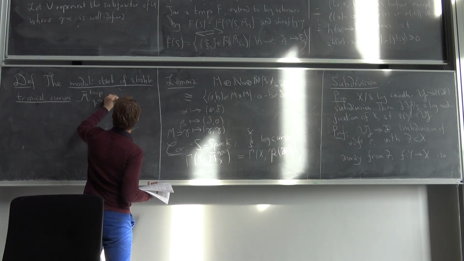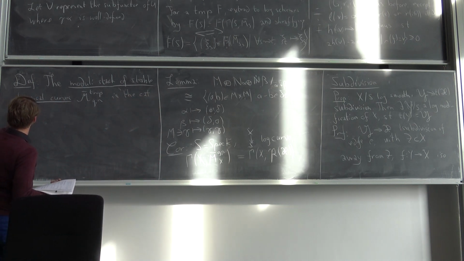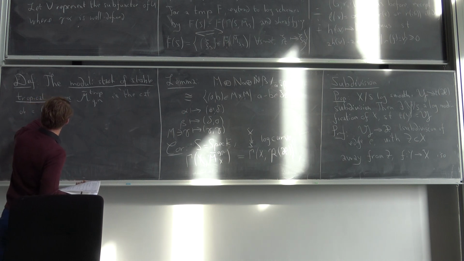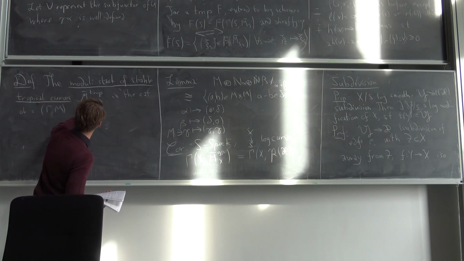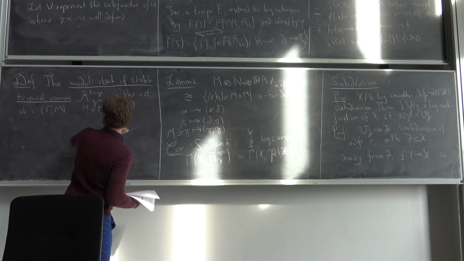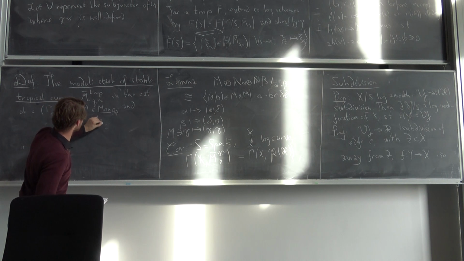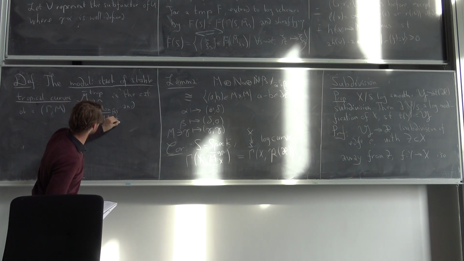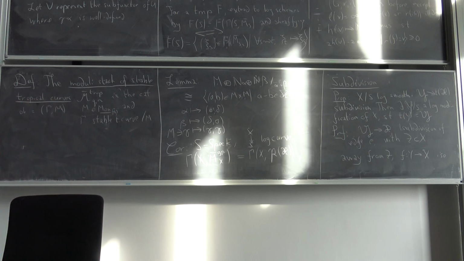Well, it's a category with objects: we need a monoid, a sharp monoid, and a stable tropical curve over M. And the morphisms should be like the morphisms in here.